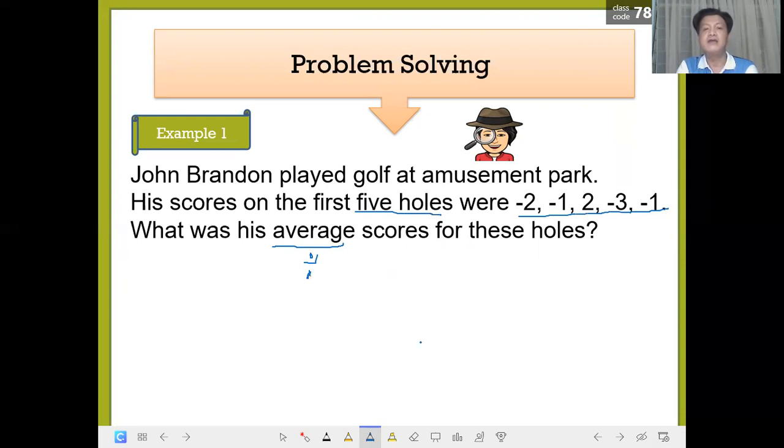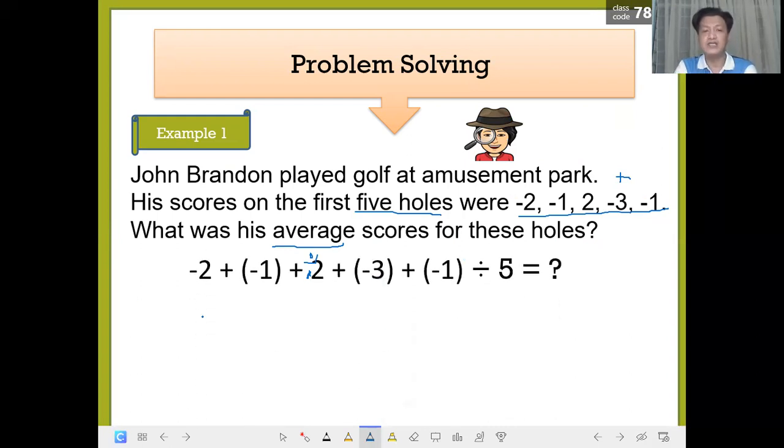Ibig sabihin niyan, paano ko mai-represent ngayon ang aking solution? Okay. Ibig sabihin kung meron kang 5 holes na score, you're going to use the addition. Dito, i-add natin yung 5 scores. And then, from that, you are going to divide by the number of scores.